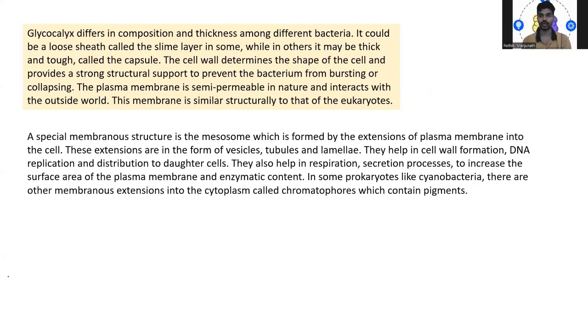The outermost layer of the bacteria, the glycocalyx, differs in composition and thickness among different bacteria. It could be a loose sheath, called a slime layer, which is a kind of mild layer.